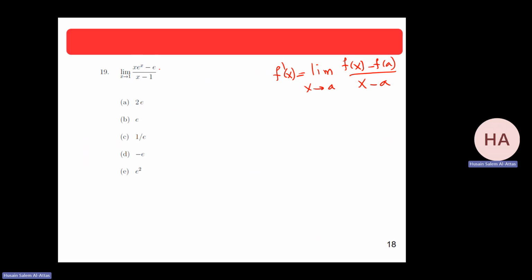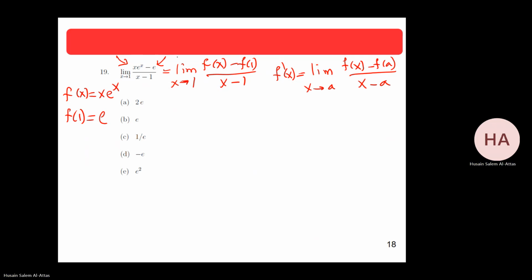I can write it as the limit as x goes to 1 of (f of x minus f of 1) over (x minus 1), where f of x is x e to the power x. What is f of 1? It will be e. So this is f of 1, and this is f of x. If you look at this, it means this limit is f prime at 1, where f of x is x e to the power x.